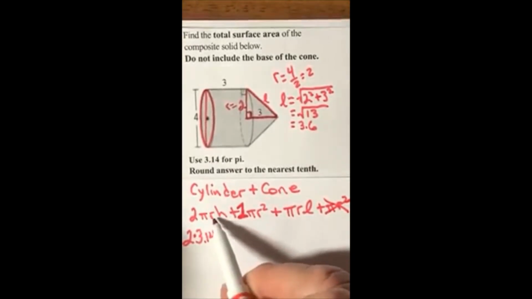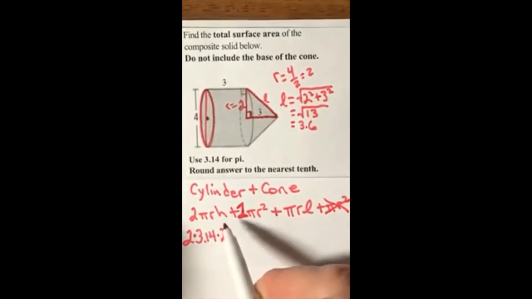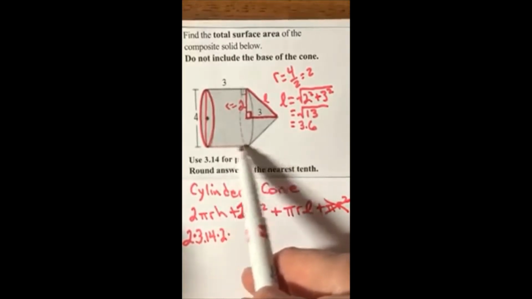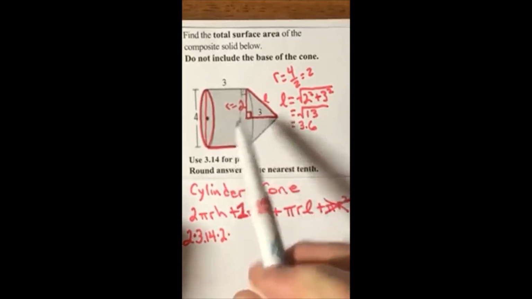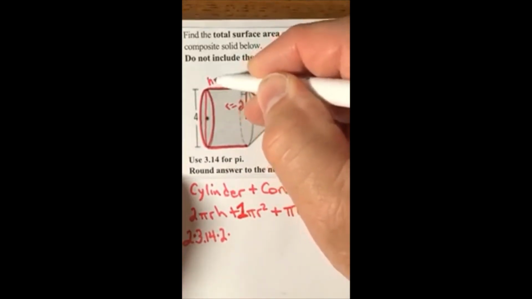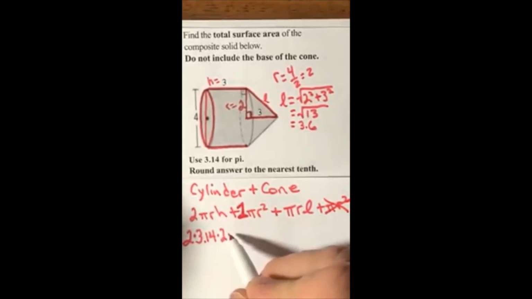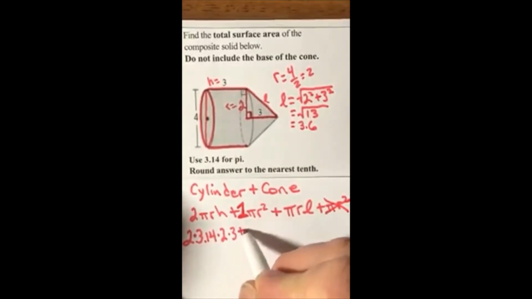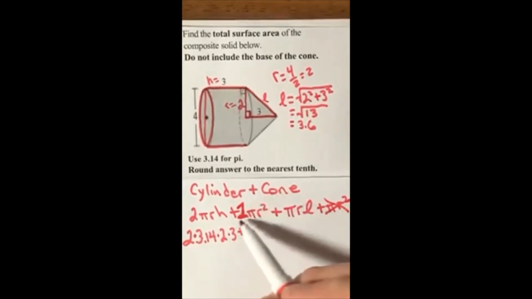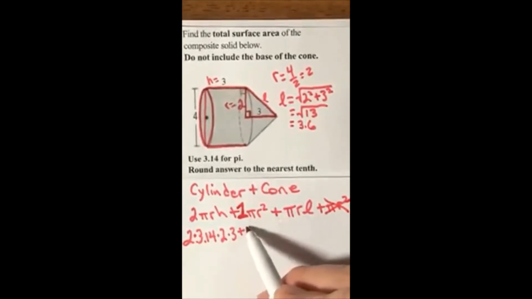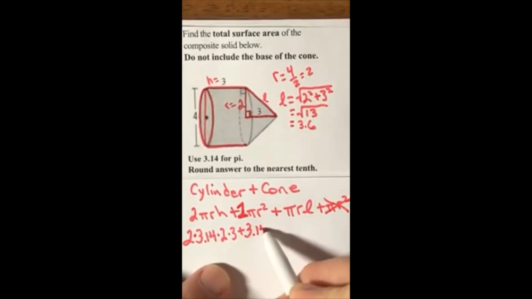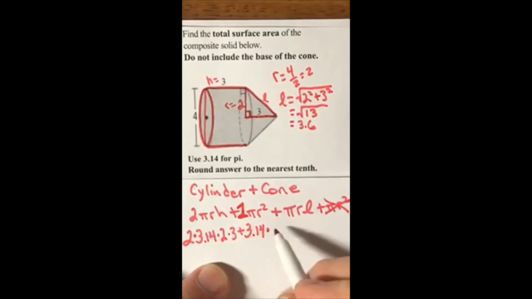Now come back down here. We know the radius is 2. Remember, the height of the cylinder goes from one circle to the other circle, which is the same distance as up here, 3. So the height is equal to 3, and I'll bring that down here. Bring down this plus sign, and I don't need to bring the 1. I can just replace pi with 3.14 times the radius, which is 2.